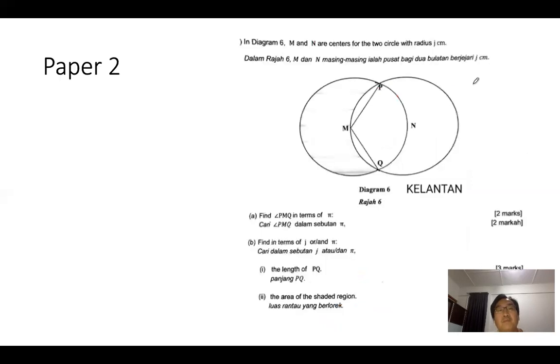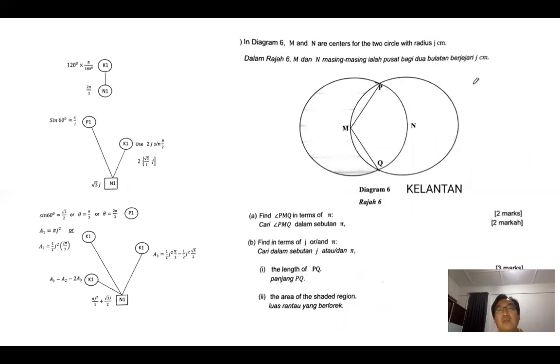Okay, this is almost the same. Okay, you can see here PMQ, right? The term in terms of pi. All right, so it's j and pi. So as usual already, this one is 2 circles with the same j, just like that question. Okay, so they ask you to find the PMQ.